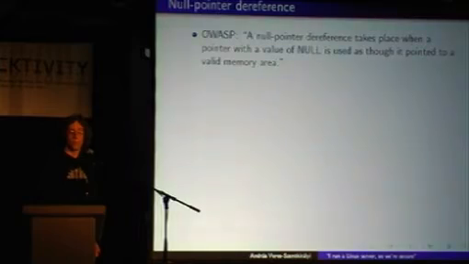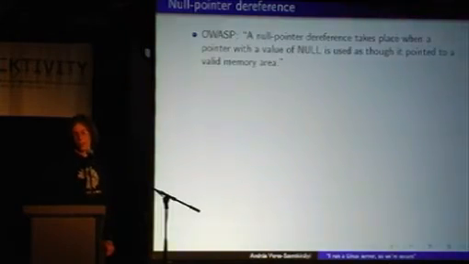The Linux kernel also has, or used to have, issues with null pointer dereferencing. OWASP gave me the best definition, which you may know if you're programming in C or Pascal. One of the first things you are taught when handling pointers is to not read uninitialized pointers.